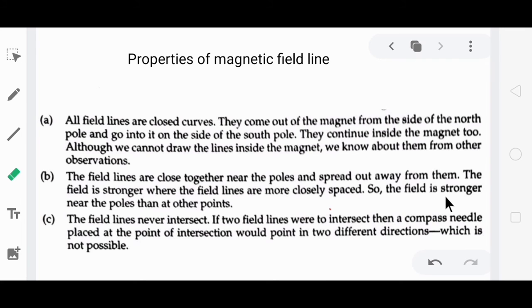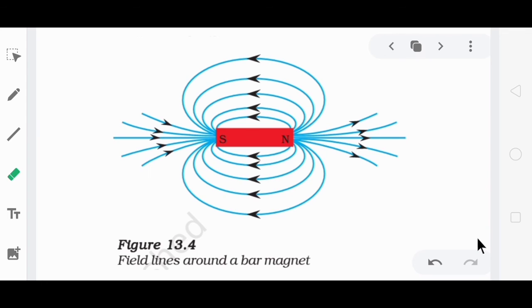Students, in the next class we will discuss the magnetic effect of electric current. In your notes you have to mention these points. Make this diagram, watch the video first, understand the formation of magnetic field lines, make this diagram.